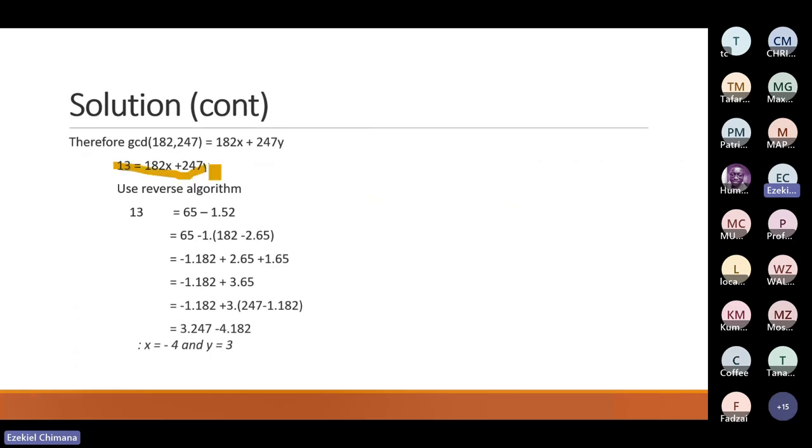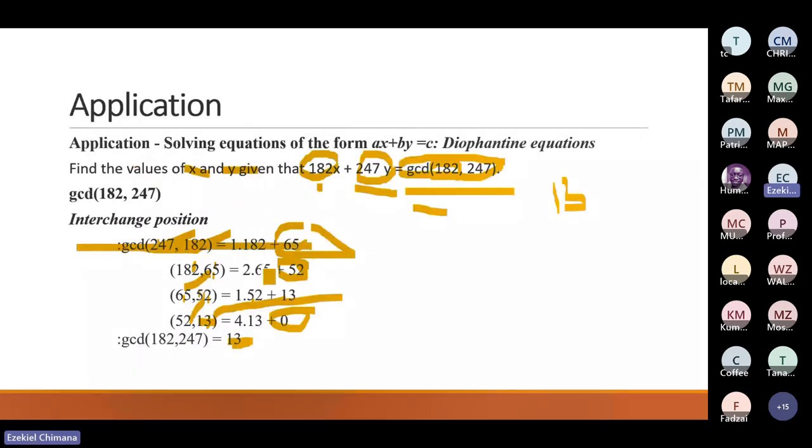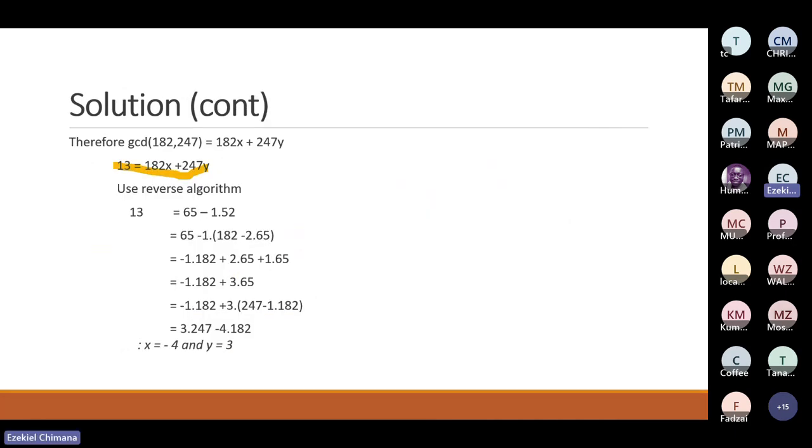So we have 13 is 182x plus 247y. This is our first step, this is our second step, third step, fourth step, and the final one. What we are going to do here is very simple.